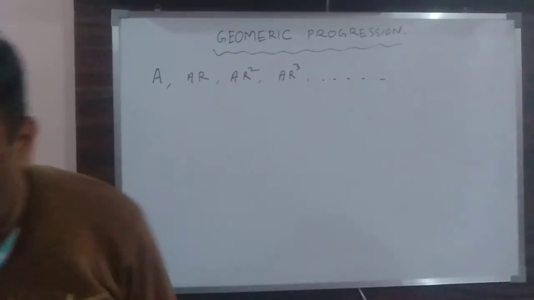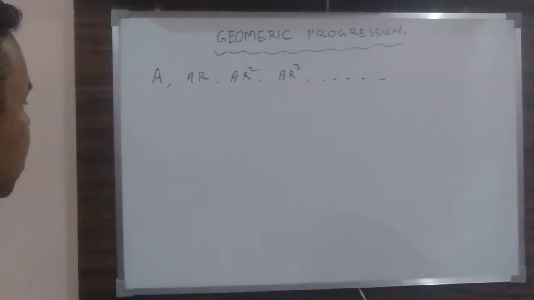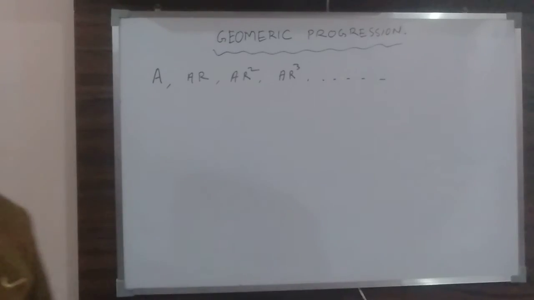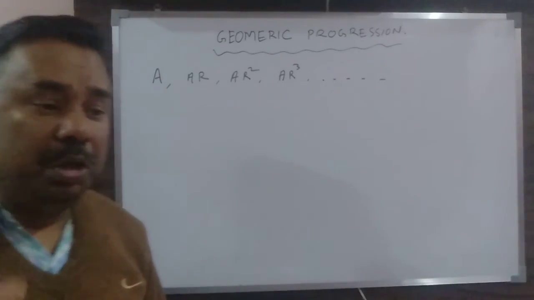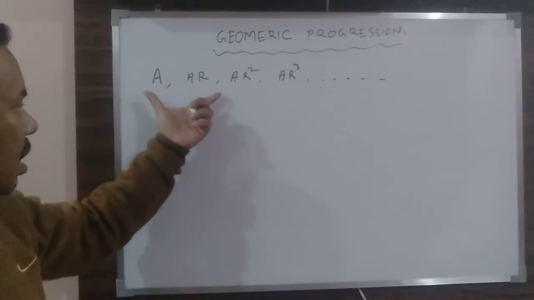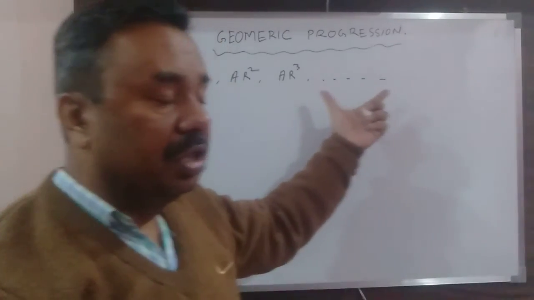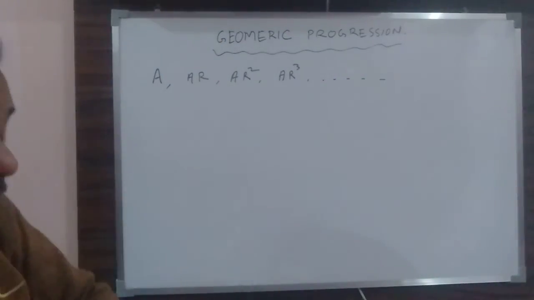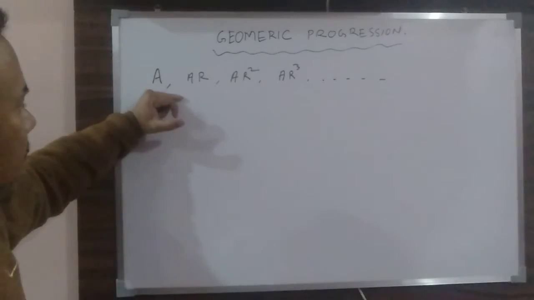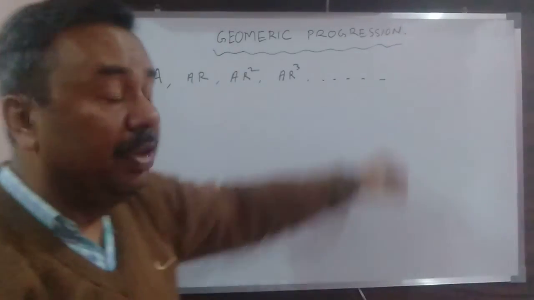Now in arithmetic progression, I told you there was a common difference between any two consecutive terms. In this case, I will say there is a common ratio between the two.